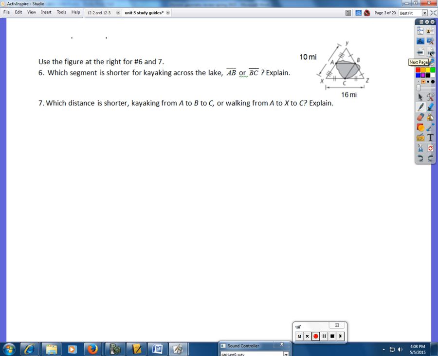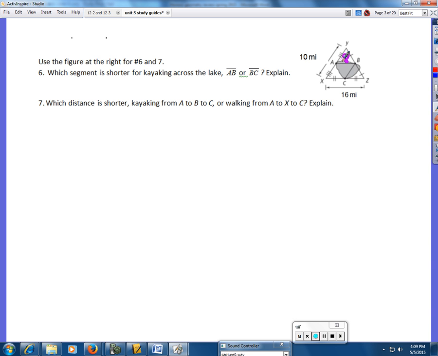We go to number 6, and I have a triangle with mid-segments here. I know they're mid-segments because each side is divided in two. It's asking me to find out which one is shorter, AB or BC. So AB would be half of this base, so AB is 8.